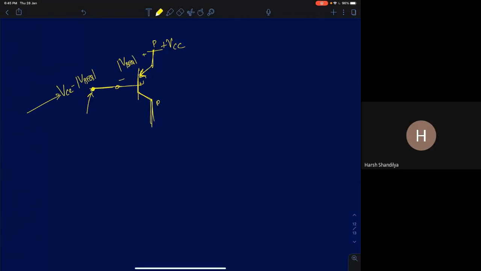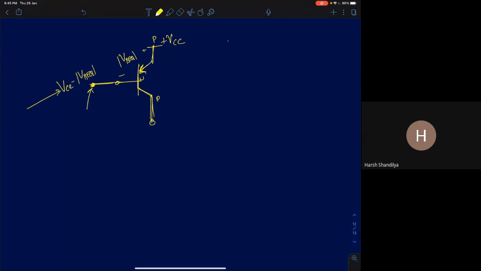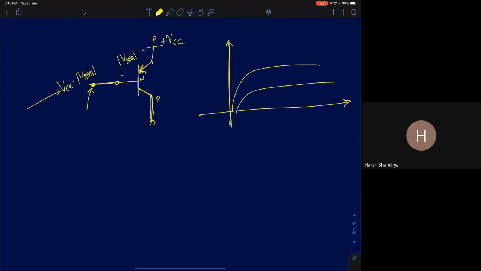Now what I'm trying to tell you is that if you plot the IC versus VCE characteristics of a PNP transistor, it's exactly the same as an NPN transistor. The graph will look the same like this. Everything will look the same. The only difference is you'll have to take mod of all the quantities, because all the quantities will be negative in PNP. You'll have to just take mod of VBE. That's it.